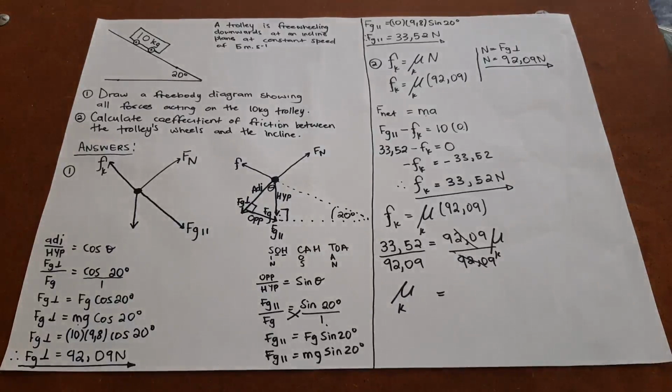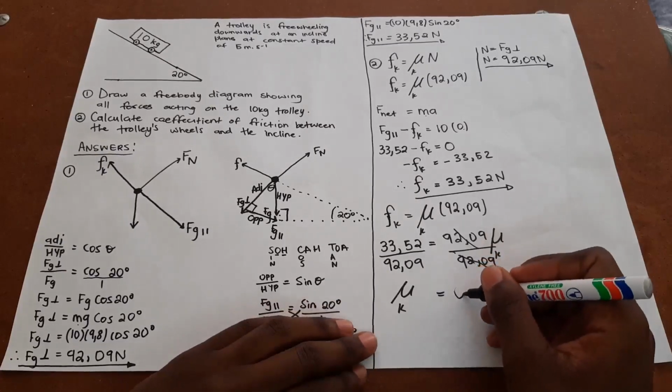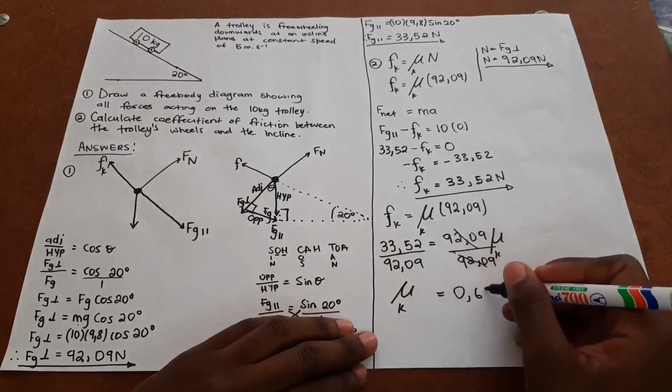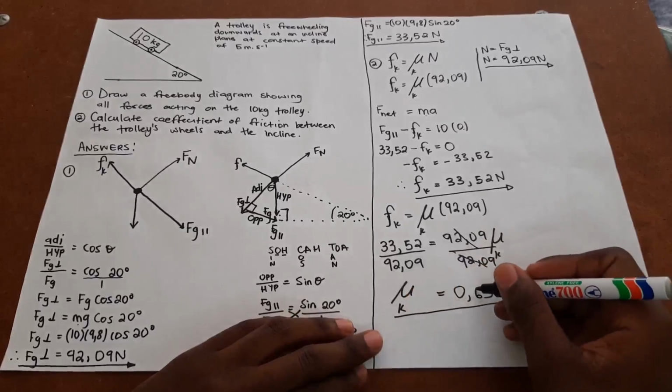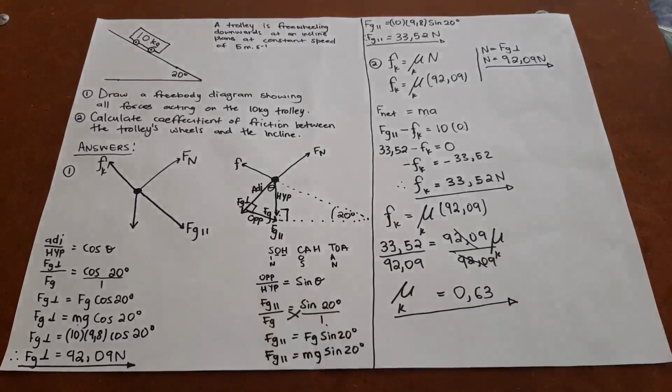Press on the calculator, and that gives you 0.63. Done. We have calculated everything, and that's how it goes.